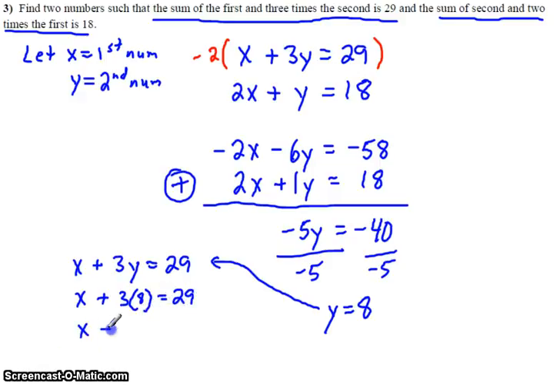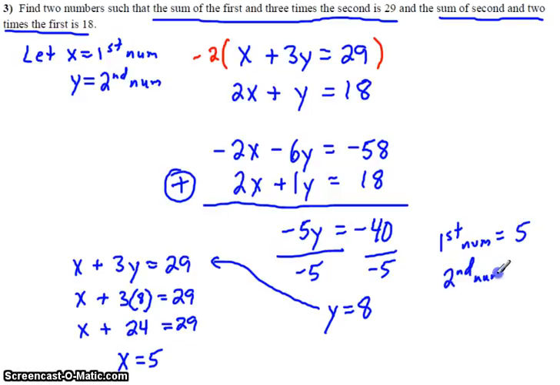So x plus 24 is equal to 29. And I know that's 5. So I got x is equal to 5, y is equal to 8. So the first number for my answer here is 5, and the second number is 8.